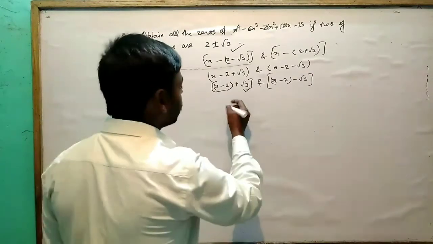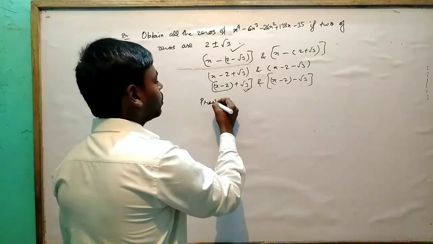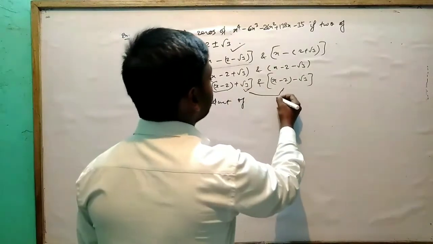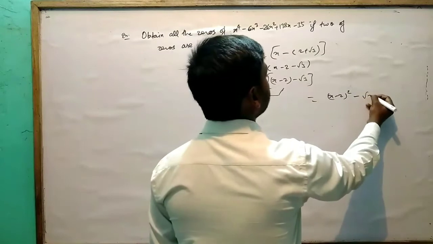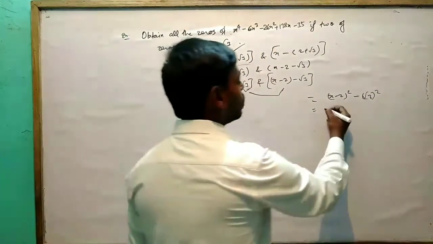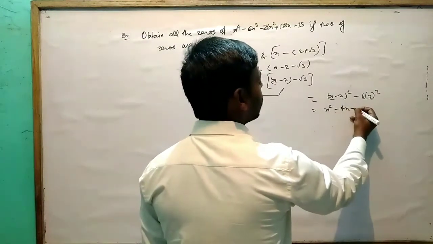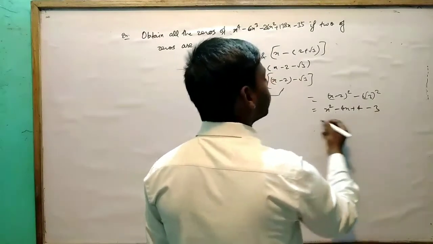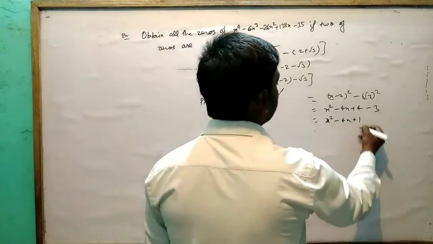When we take the product of these two terms, we get x minus 2 the whole square minus root 3 the whole square. For x minus 2 the whole square, we know that it is x square minus 4x plus 4. Then minus 3, and now we get x square minus 4x plus 1.